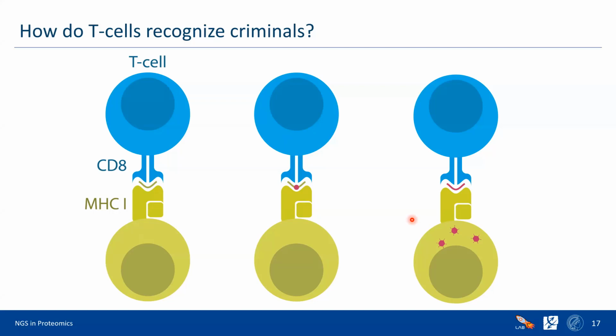Another, and actually very frequent, case is when a cell is infected with virus particles, and this virus is sequencing proteins, and these proteins can also by chance be digested by the immunoproteasome and by chance be represented on the surface. As a result, some immune cell can recognize it and send signals to the cell to please die, because otherwise the whole body is going to be infected.